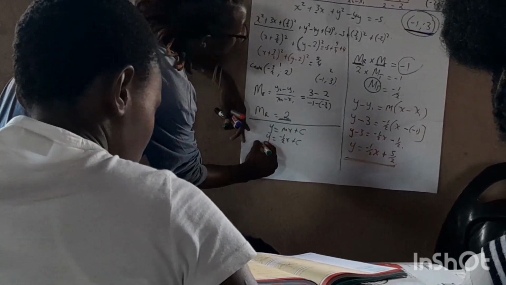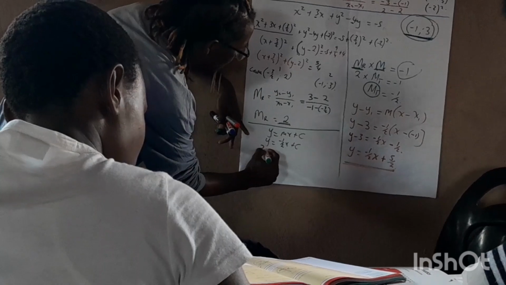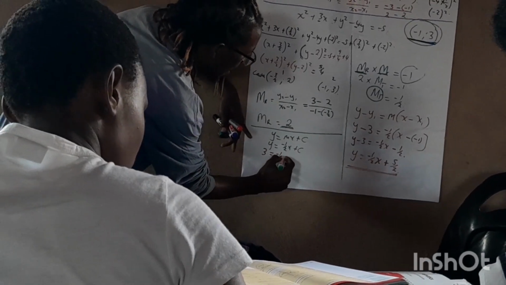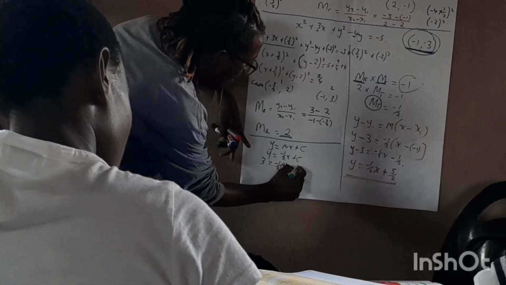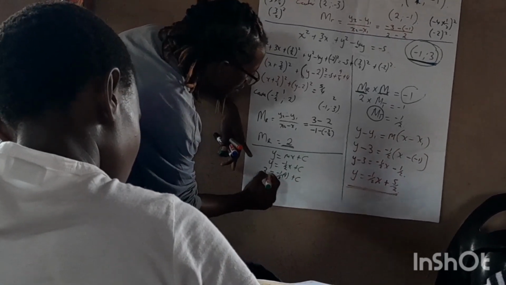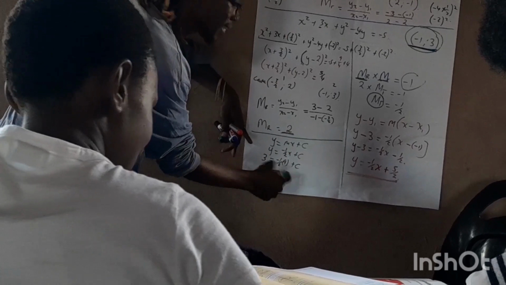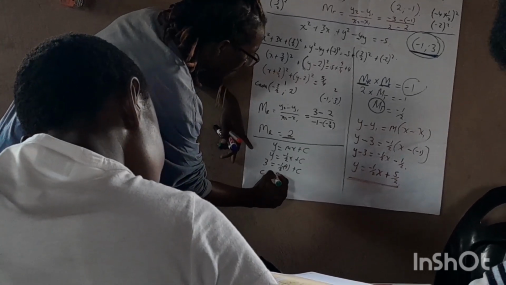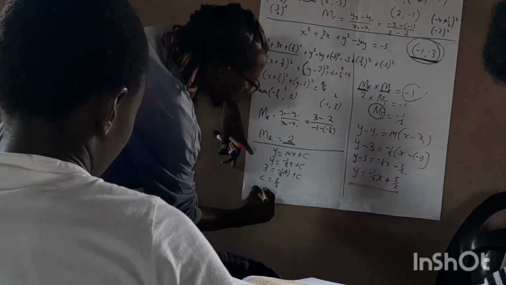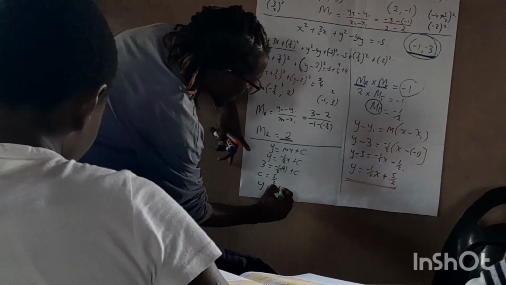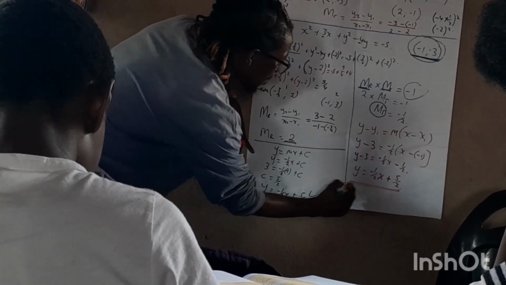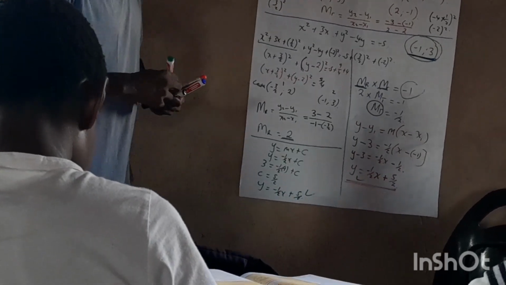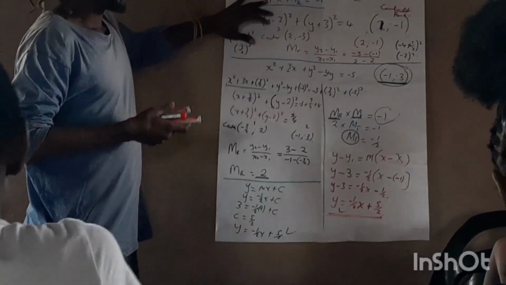So we say 3 is equal to negative half, and x is negative 1, plus c, right? It will mean that our c will be equal to 3 minus half, which will give us 5 over 2. So the equation will be y is equal to negative half x plus 5 over 2, which is the same thing as that.